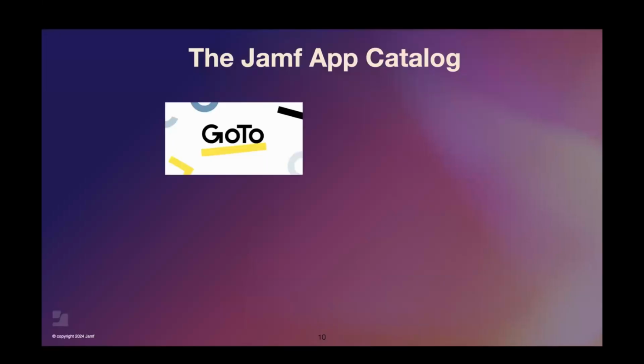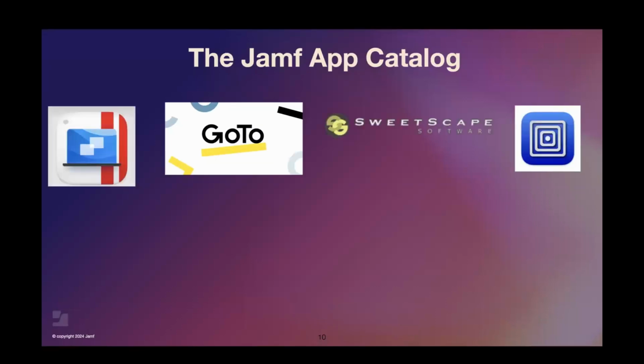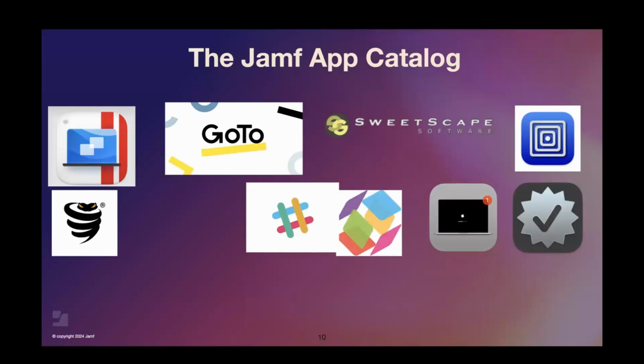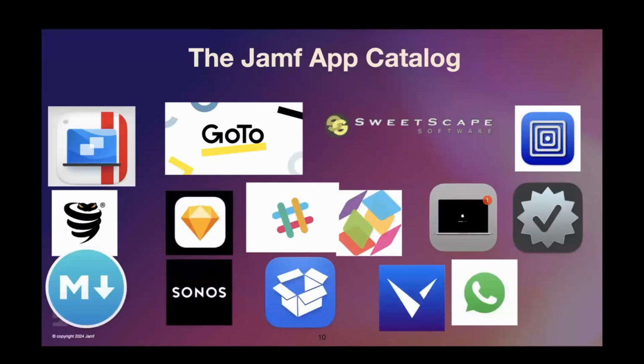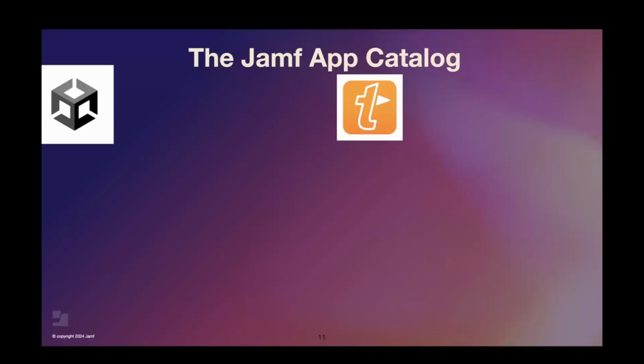You might be wondering, we mentioned we have a little under 200 applications. So what kind of applications are we talking about, Dave? Well, I used to be a graphic designer in a former life, so Adam's going to go through these logos very quickly, but these are some of the vendors.